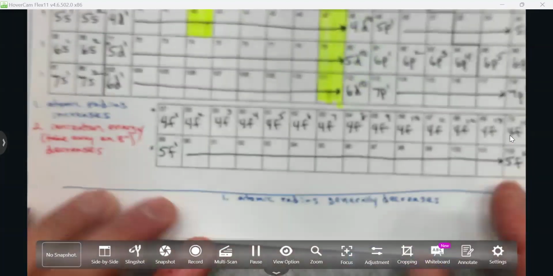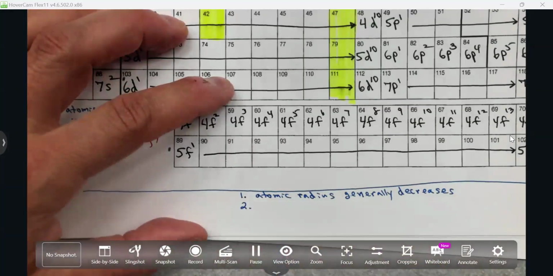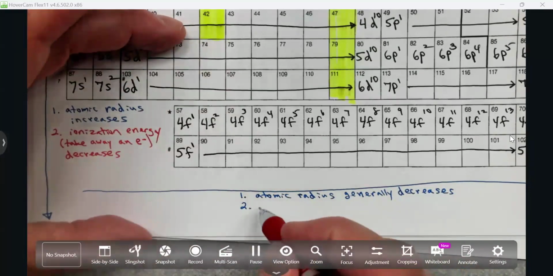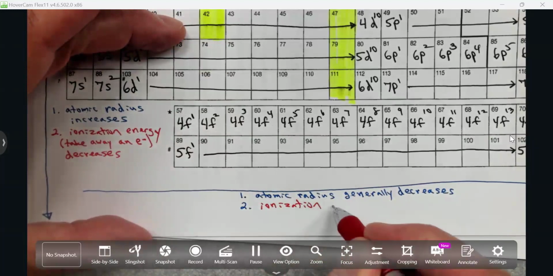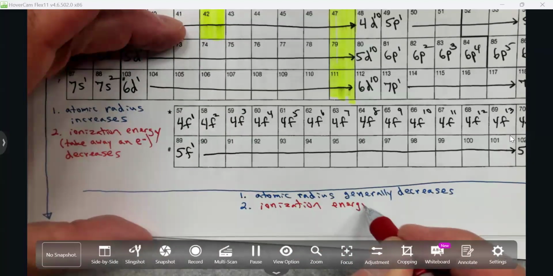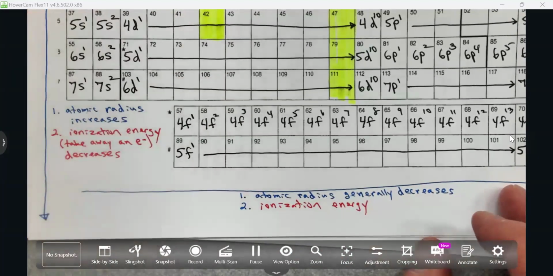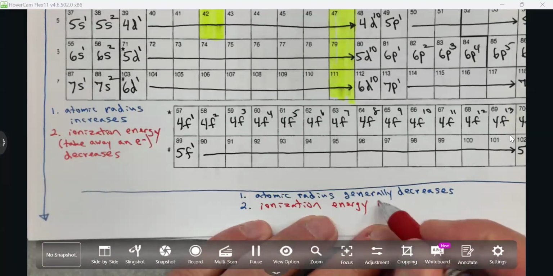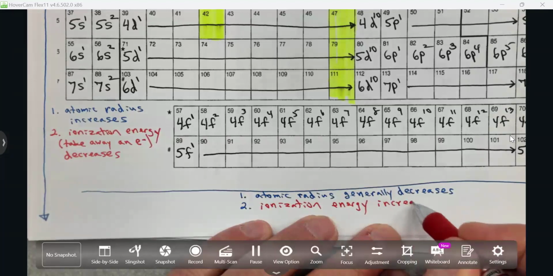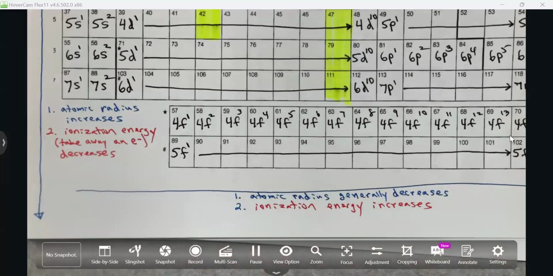So as you come across from left to right, ionization energy increases. Probably there's an exception. I should probably have generally in here. I'm sure there is. So what's ionization energy? Energy to pull away an electron.